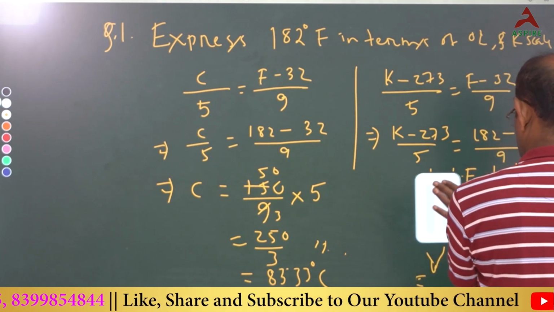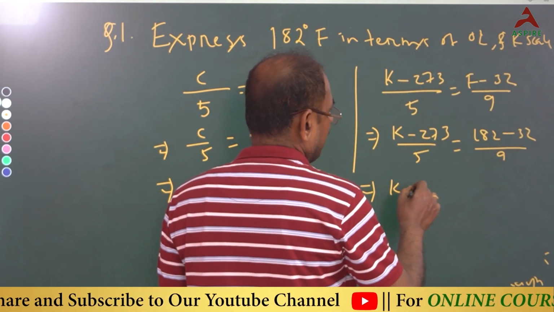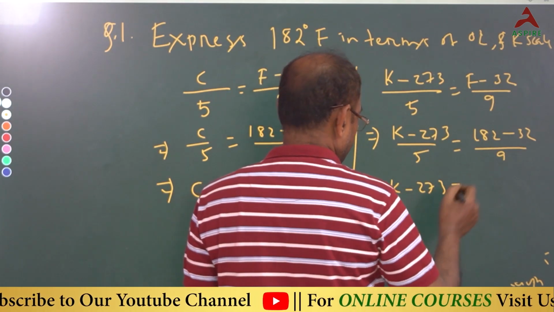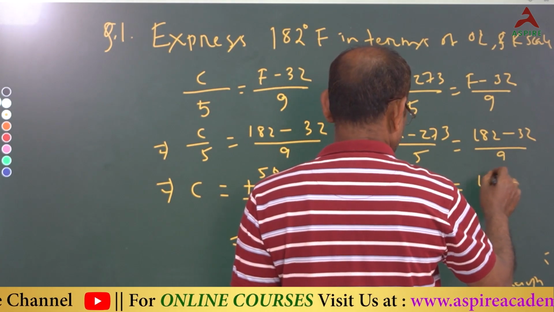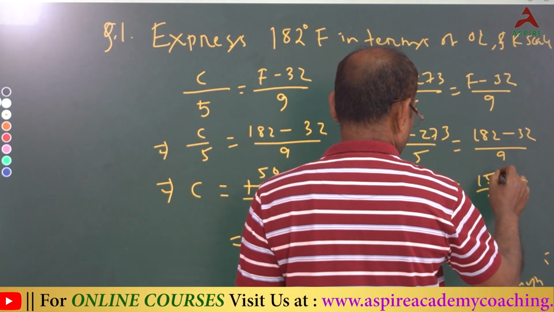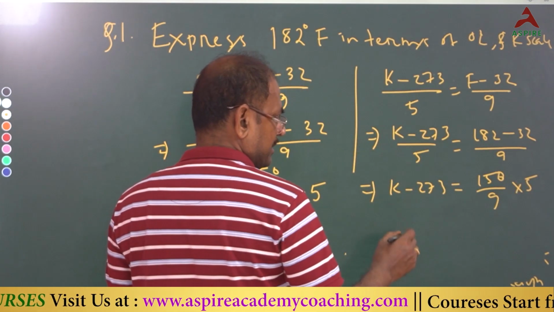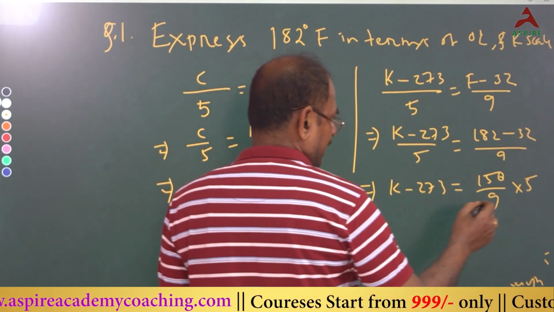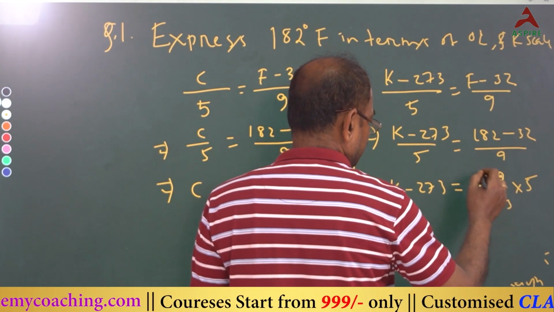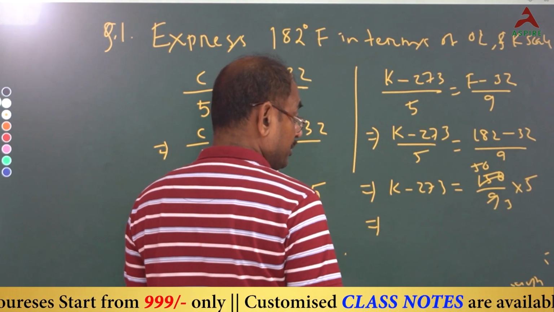So K minus 273 equals 150 by 9 into 5, which is 83.33.